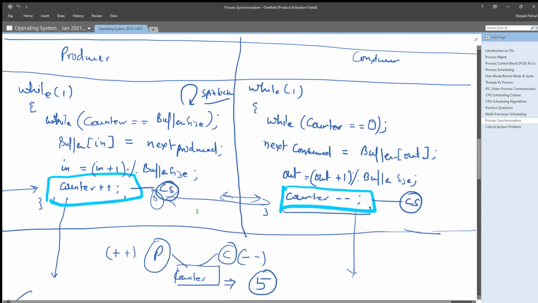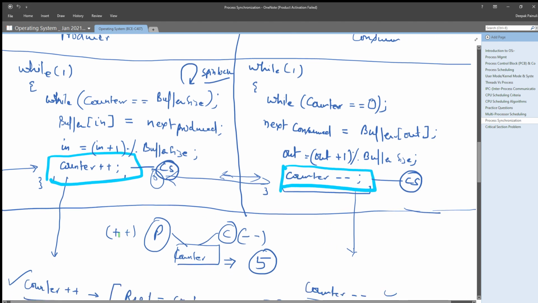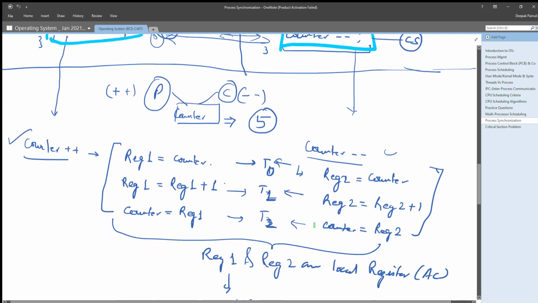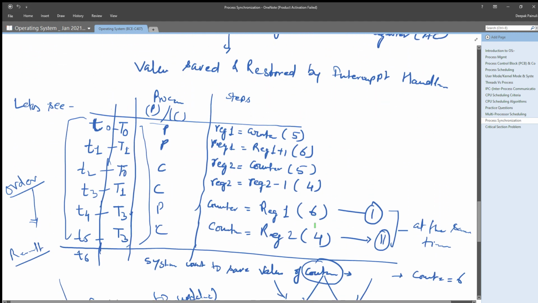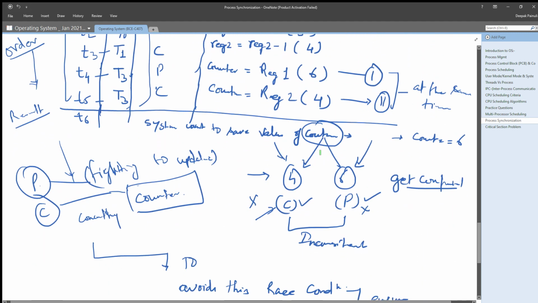Because if both processes, like in our case producer and consumer, execute this critical section one after another, there would not be any problem. But because they are altering this shared counter variable at the same time, the problem occurs, which leads to data inconsistency and two values of the same variable.